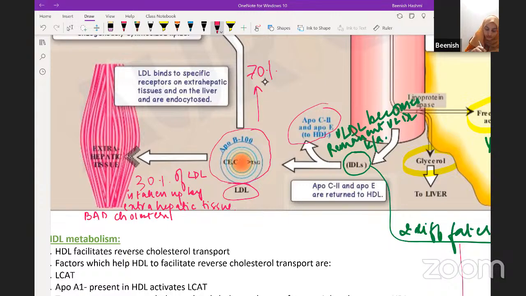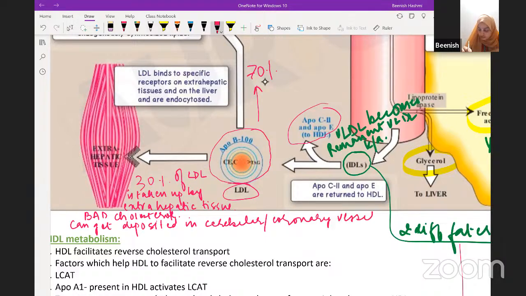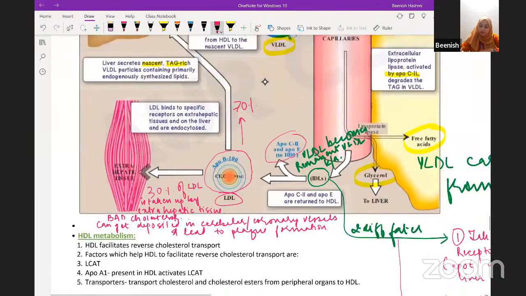This 30% is going to make it the bad cholesterol, as it can get deposited in cerebral or coronary vessels and lead to plaque formation. So now you know why your LDL is known as bad cholesterol.